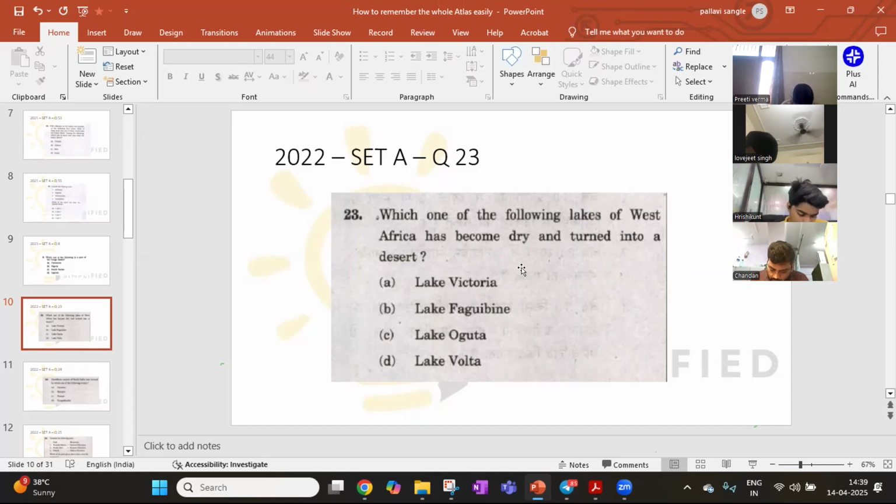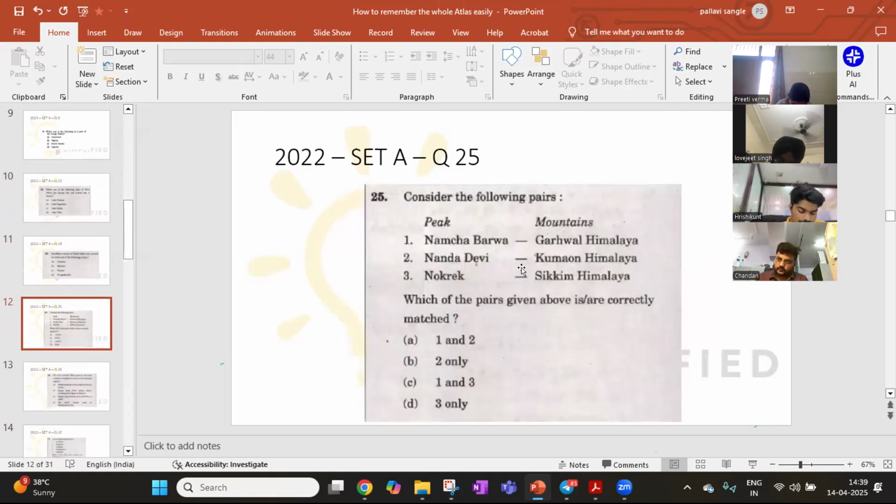Cape Comorin. If anybody is facing any issue, unmute and speak up. Cape Comorin, Gulf of Mannar, Palk Strait. Okay? Coromandel coast. Now, such a small thing can confuse us.